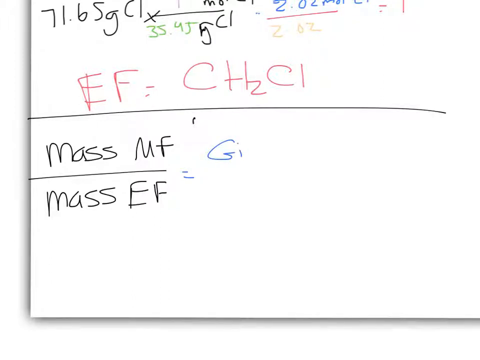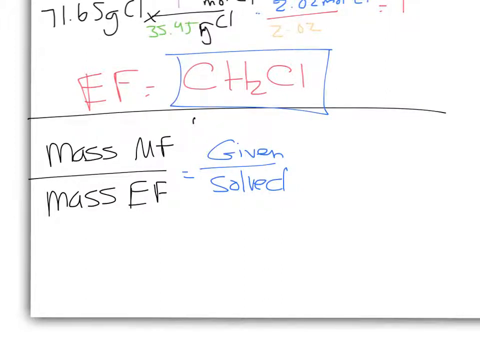It's the number given divided by the number solved. Now, what am I going to be solving for? I need the mass of this thing. And so if you calculate 12.01 plus 2 times 1.01 plus 35.45, you should have come out with a total mass of 49.48 grams per mole. And so that is going to be my number that is going to go in the denominator.